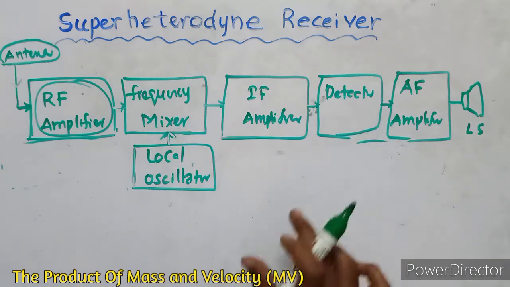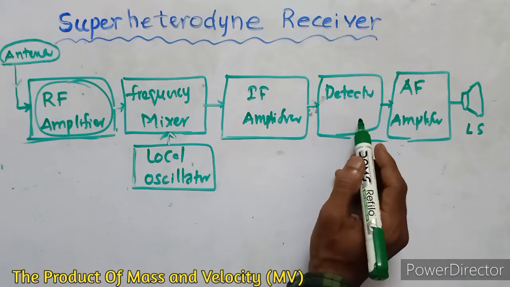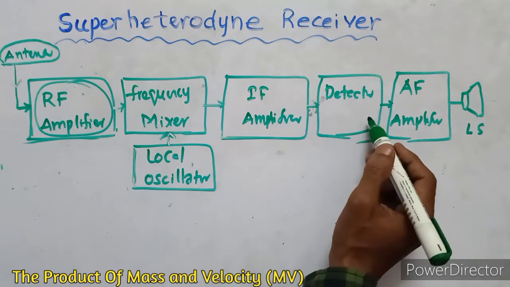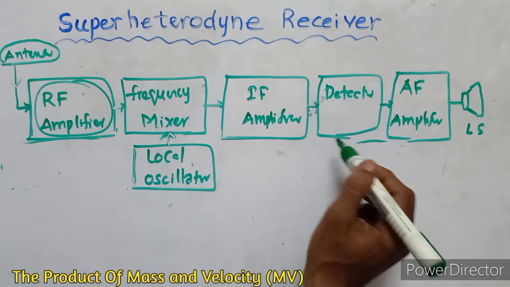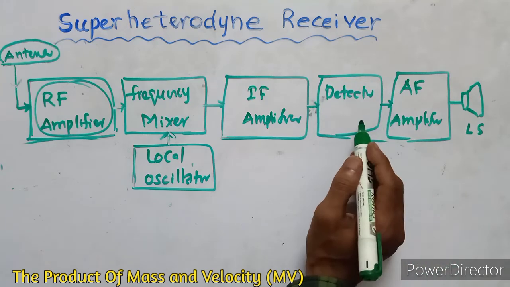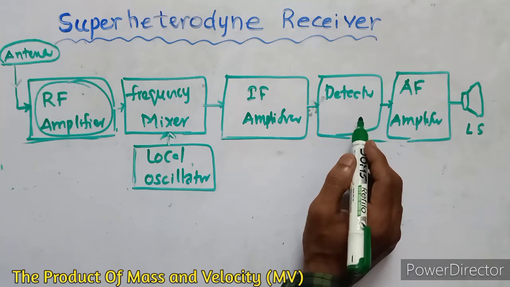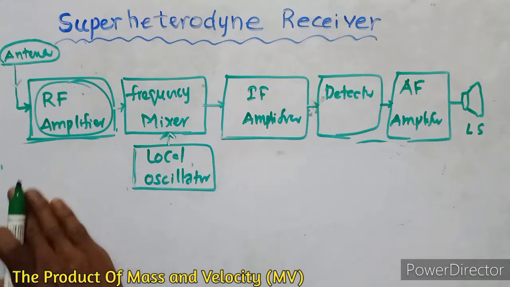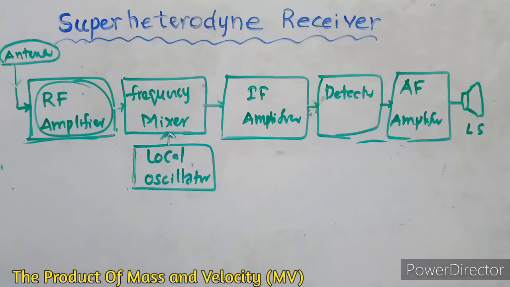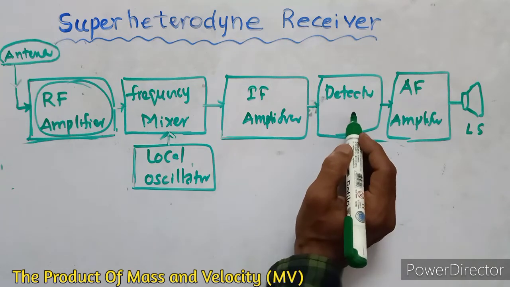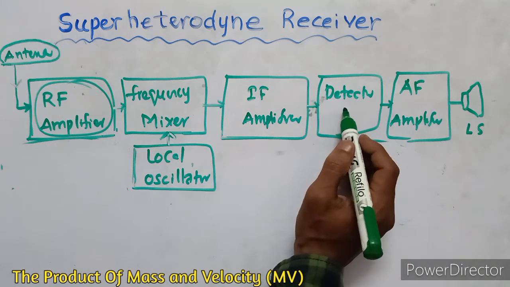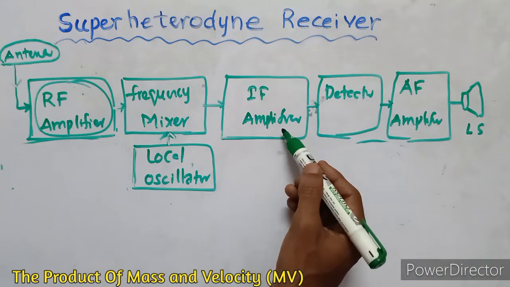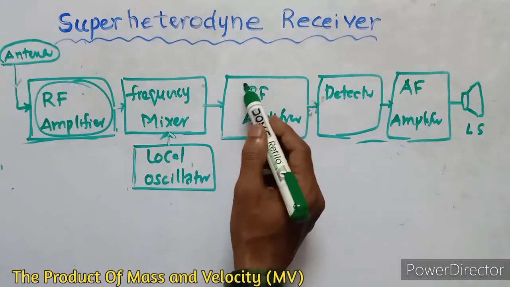Next one is the detector. The output of the intermediate frequency amplifier is fed to the detector. The detector separates the modulating signals. There are so many audio frequency signals here. The detector separates the modulating signals from the carrier wave, in addition converting the intermediate frequency signal into the audio frequency signal.